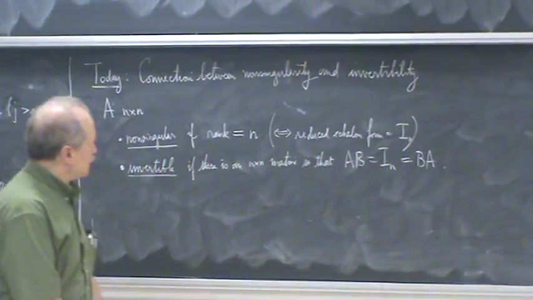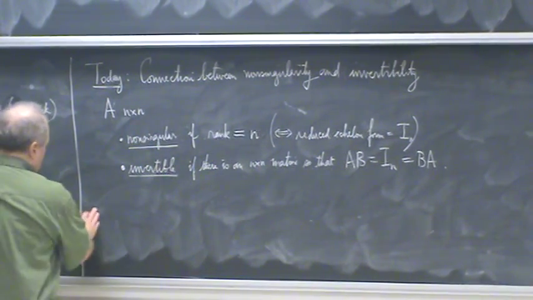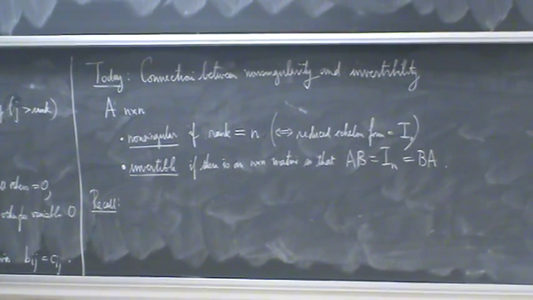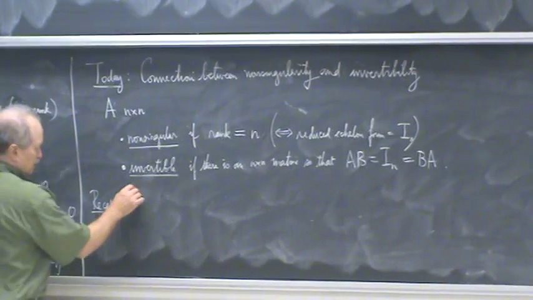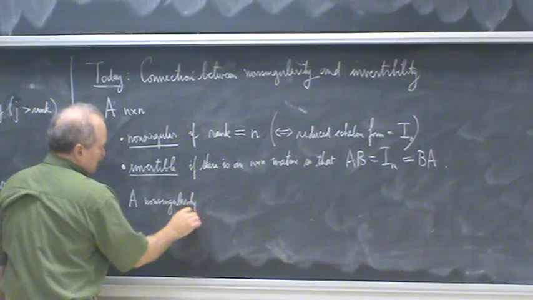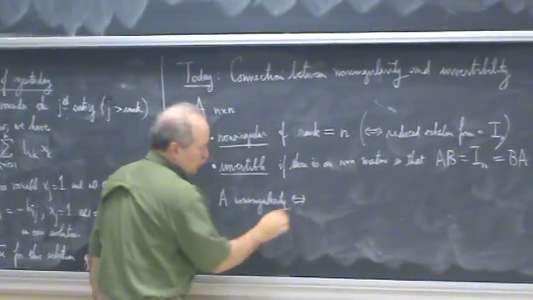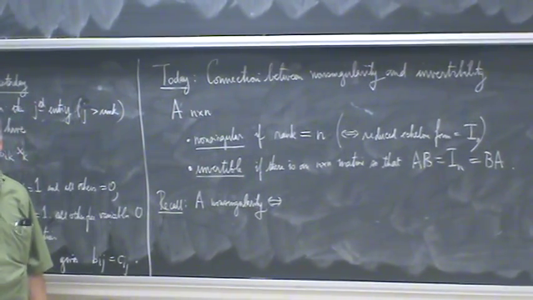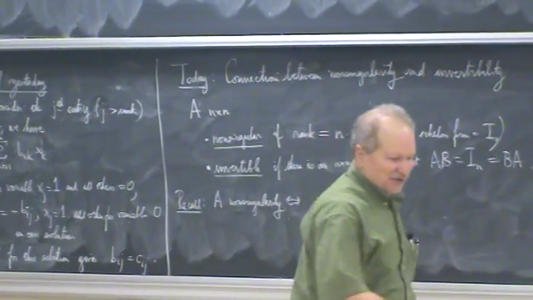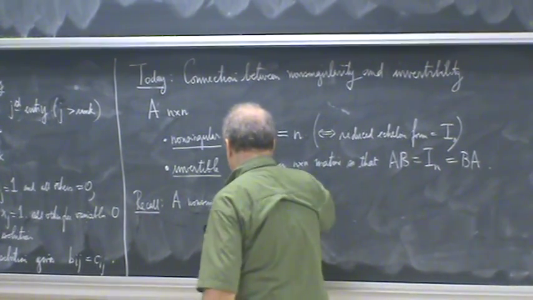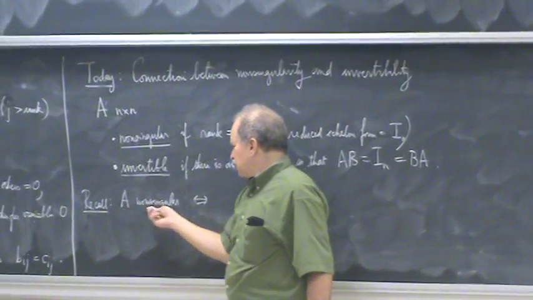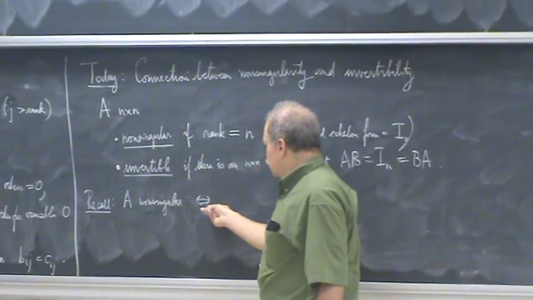But let's think about this. Do we have a different characterization of non-singularity? They have a unique solution. Right. So you used in your homework a lot the fact that you could characterize a matrix A as being non-singular in two different ways.